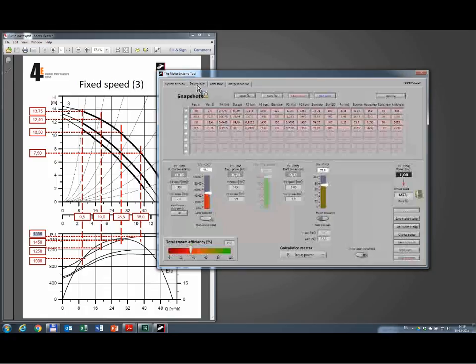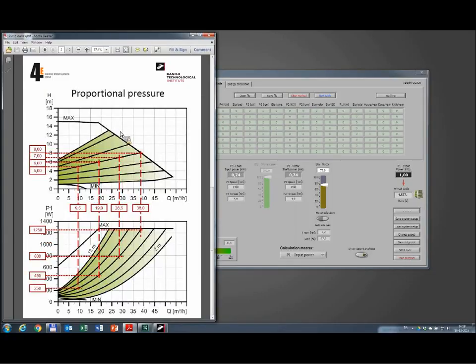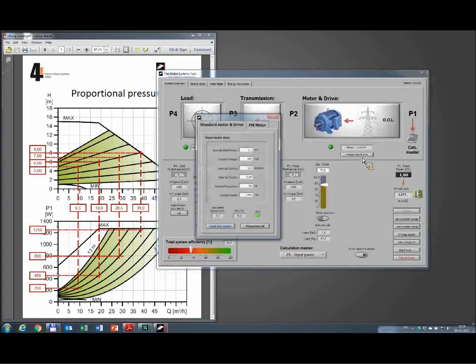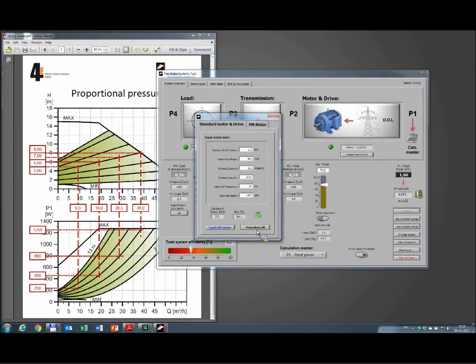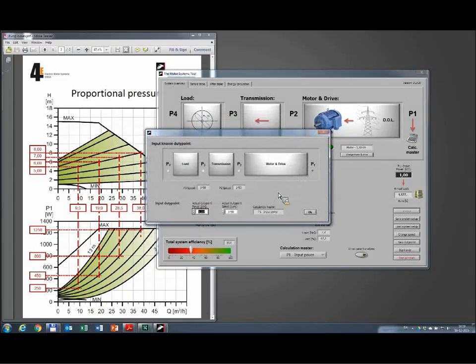And now we will input the after situation. The after situation is a pump with proportional pressure control. It's also a system where we put in a standard motor which is better than the old motor, so now we put in IE3 and we say OK, and then we have the first duty point.